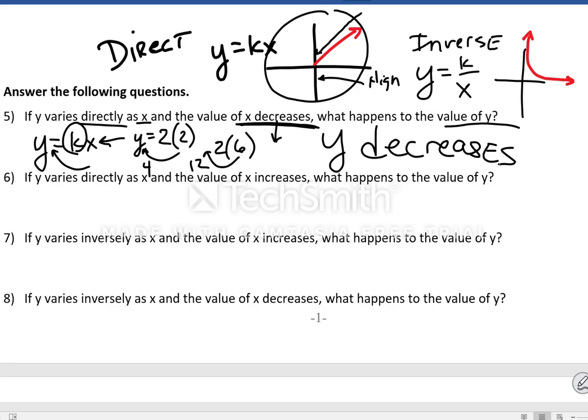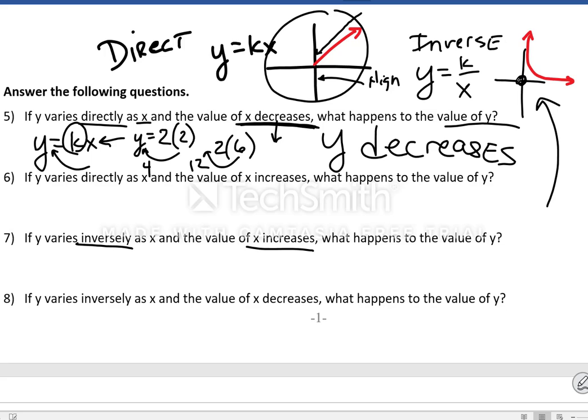Number 7, if y varies inversely, so again, now I'm going to use my inverse equation, and then the value of x increases. So where does x increase? It starts off small in the middle at the origin, and then it goes bigger this way. Well, if I look at the line, x goes bigger that way, but then y starts really high and then gets really low.